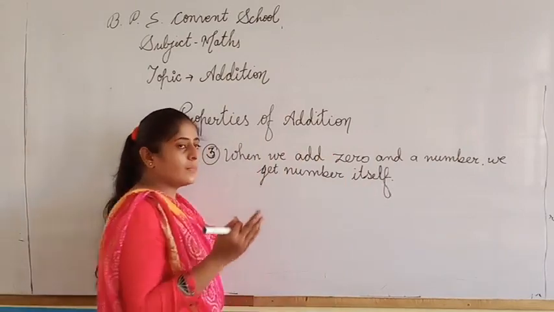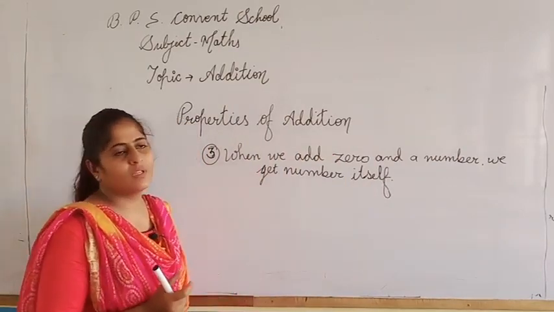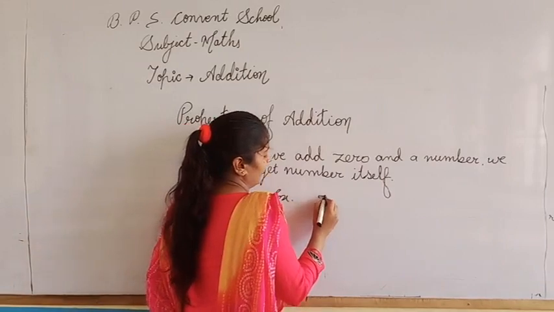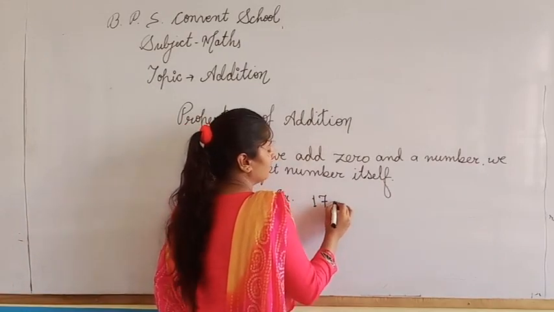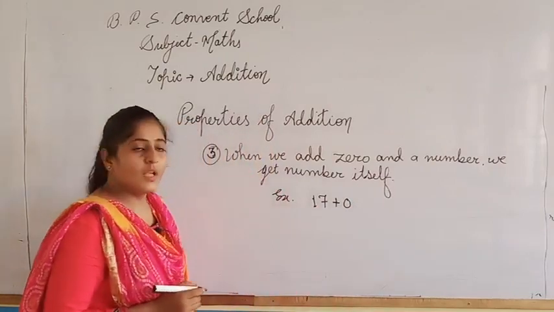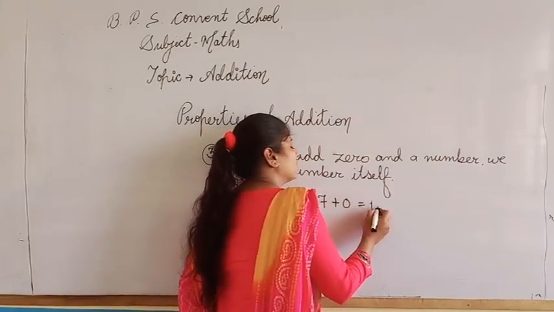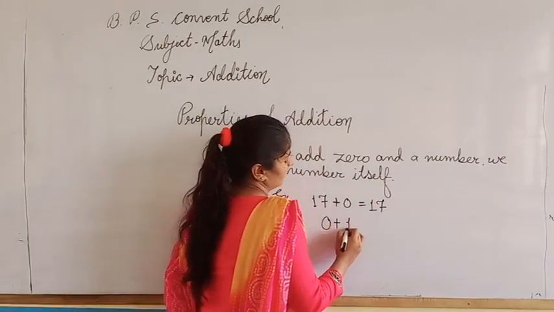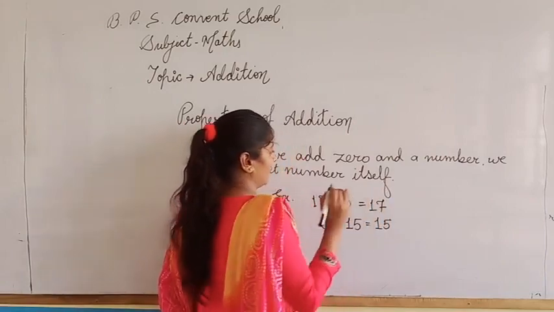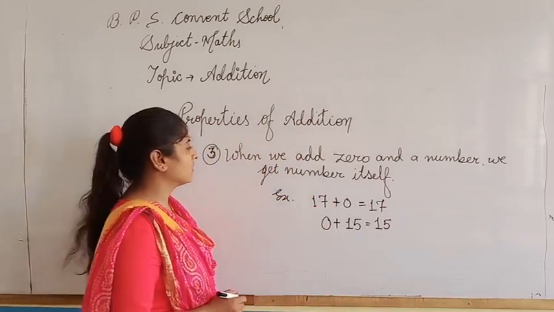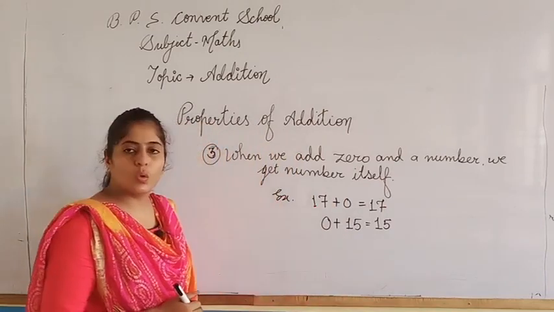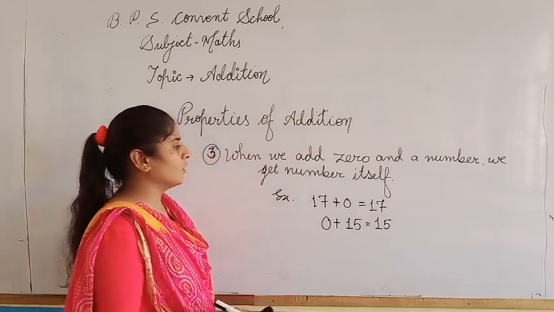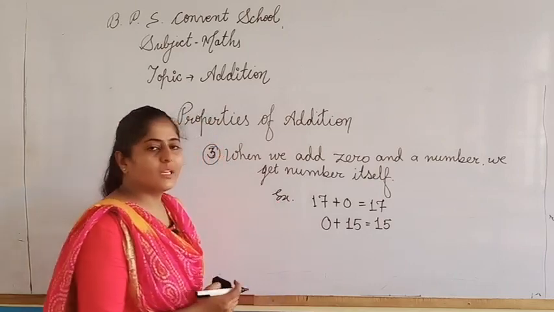It means when you add 0 to a digit, you get the same digit in the answer. For example, when we add 17 and 0, we get 17. 0 and 15, we get 15. So the third property of addition is the addition of 0 and a number is the number itself.